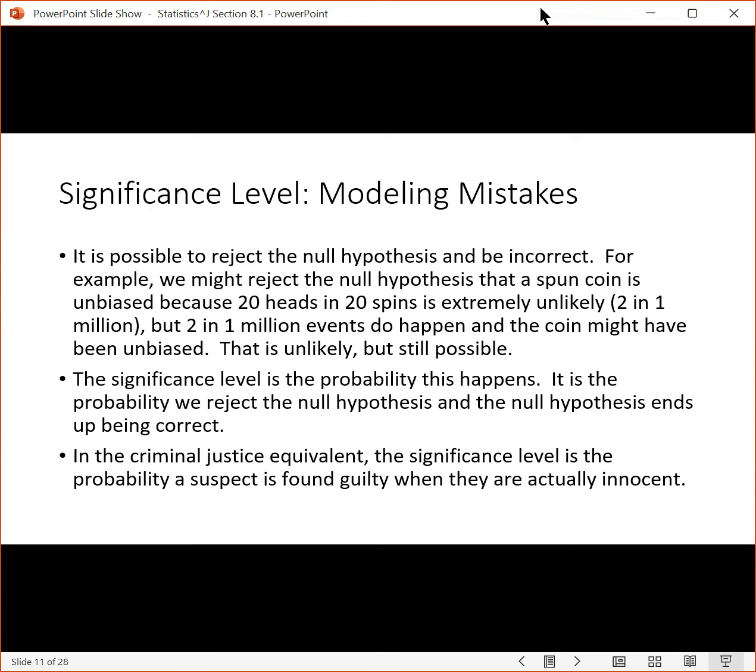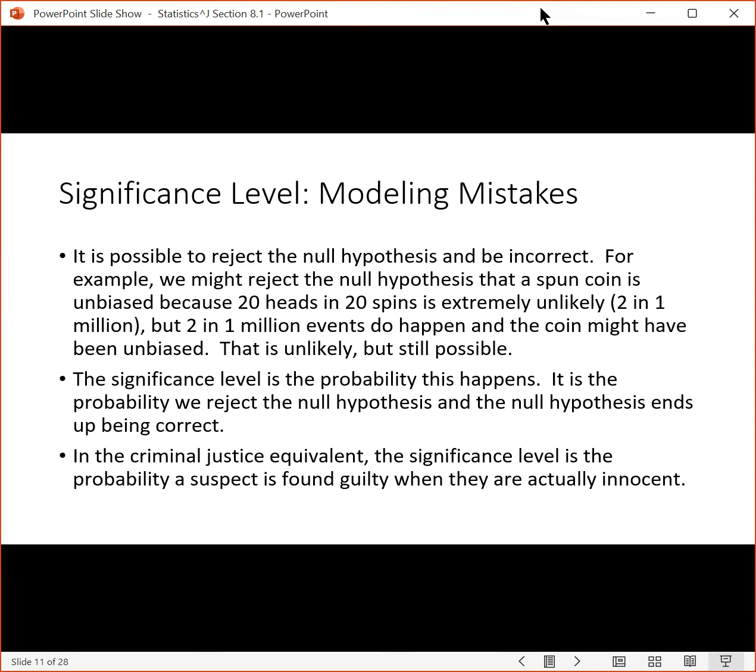There's no way I could spin a regular coin 20 times and get heads 20 times in a row unless the coin is biased. Well, it turns out you could. It happens 2 in a million times, but 2 in a million events do happen, so you might have been wrong.